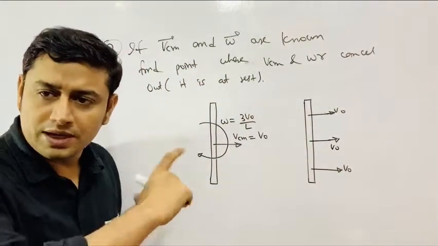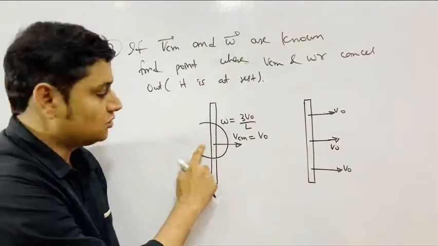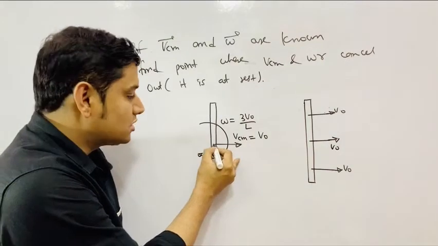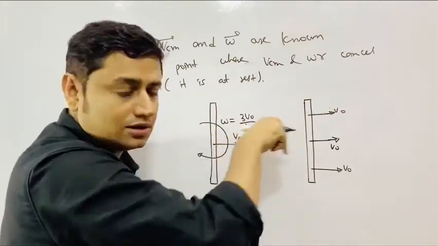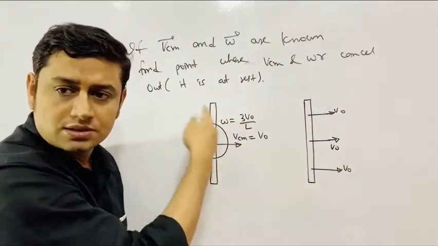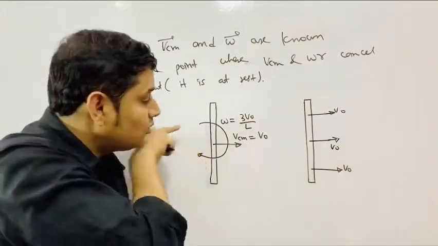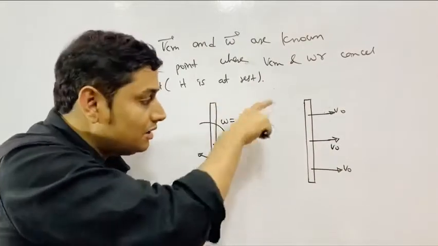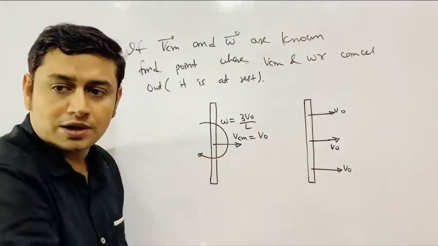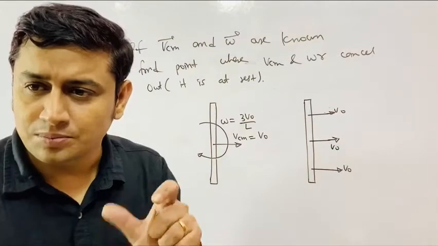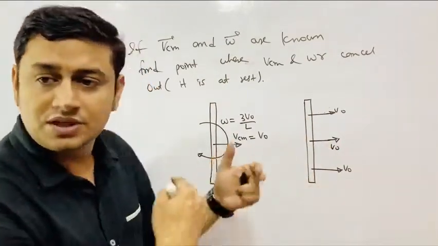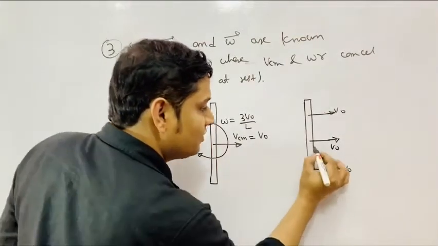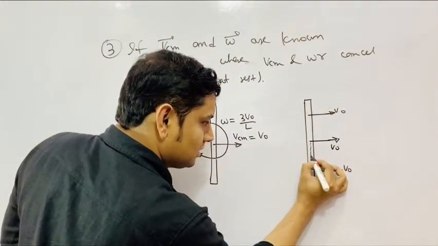Now come to omega r, purely rotational motion. Any point above the center would have omega into r forward, because this is clockwise. Any point below this would have omega into r backward. So to make the effect 0, we have to locate the point downward, because above they are added, they cannot be 0. So let us go to a distance x here.